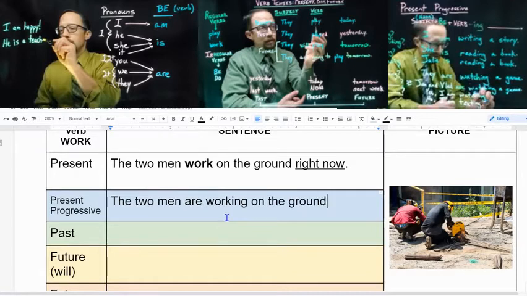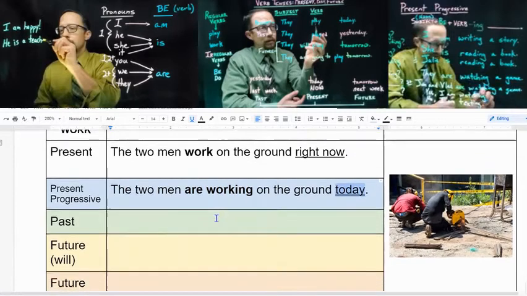That is the same. And you could say today. You could say now, today, whatever you like, right? Let's make it a little bit clearer.